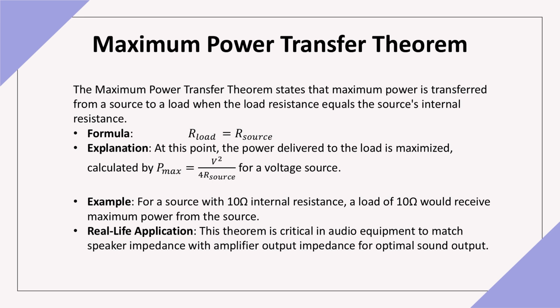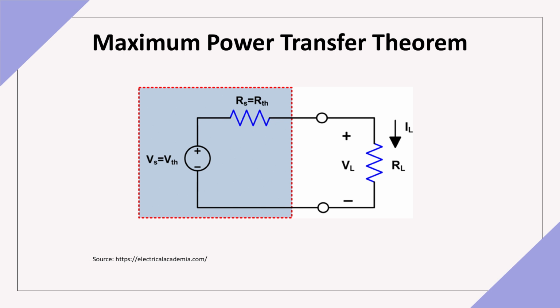The circuit operates at 50% efficiency. Half the power is dissipated in the source resistance. Looking at the diagram, you will understand this principle in depth. This principle is crucial in audio amplifier design, RF transmission systems, battery-powered devices, and sensor circuits.